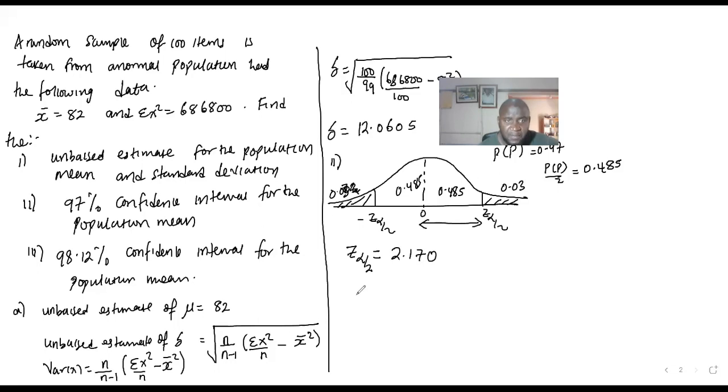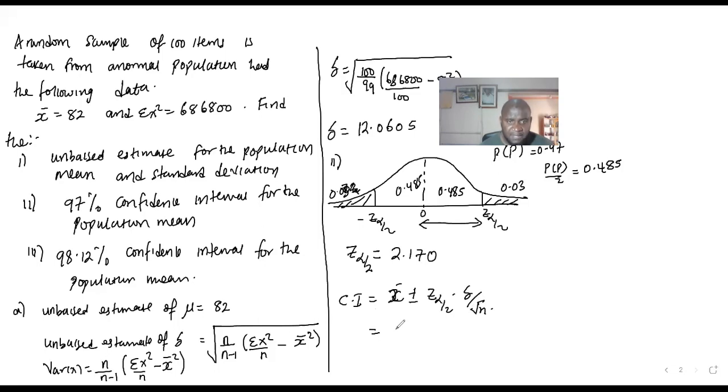If this is a popular sample, then the confidence interval CI is got from X bar plus or minus Z alpha over 2 times sigma over root of n.